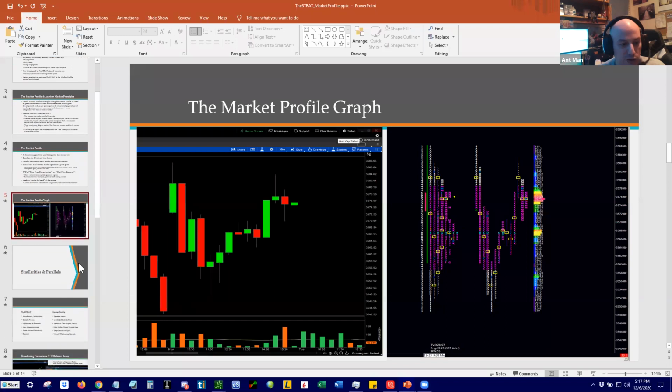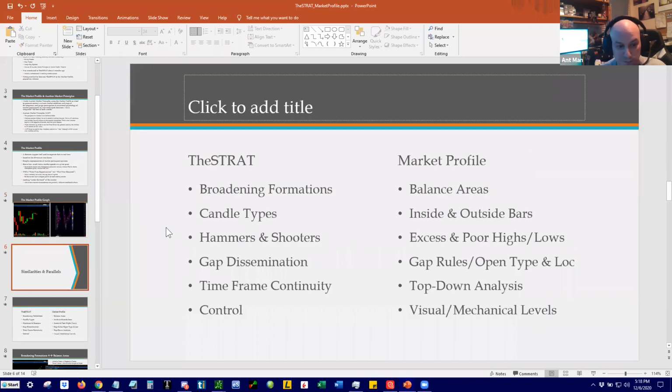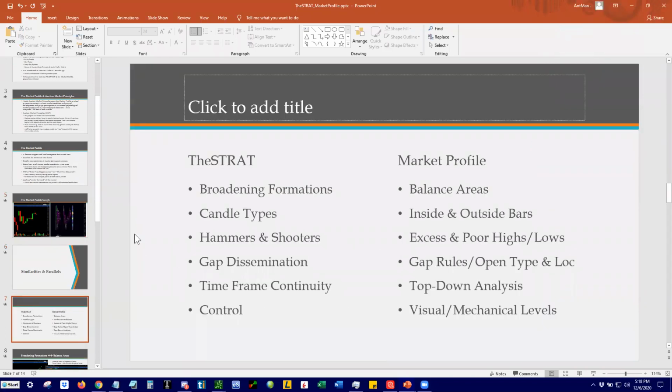So we're going to go on to the similarities and parallels that I've noticed studying the Strat and comparing it back to the way I trade using the profile. In one column here, I have the Strat, and in the other column, I have the profile. For the broadening formations, I find similarities with the balance areas.